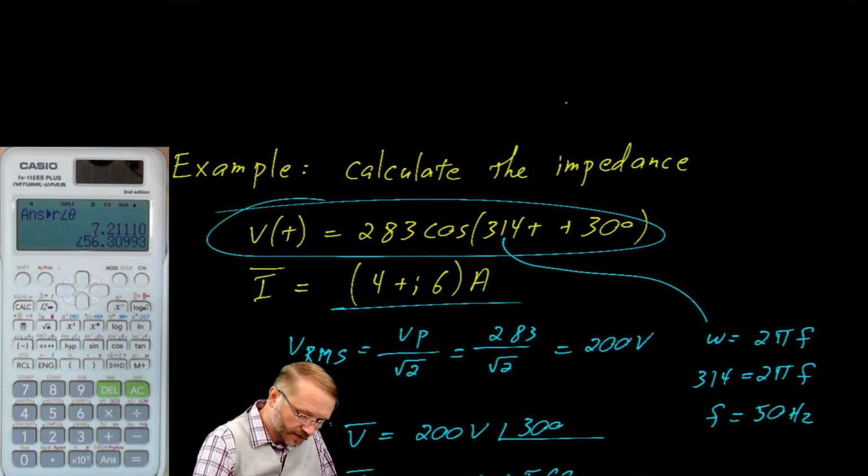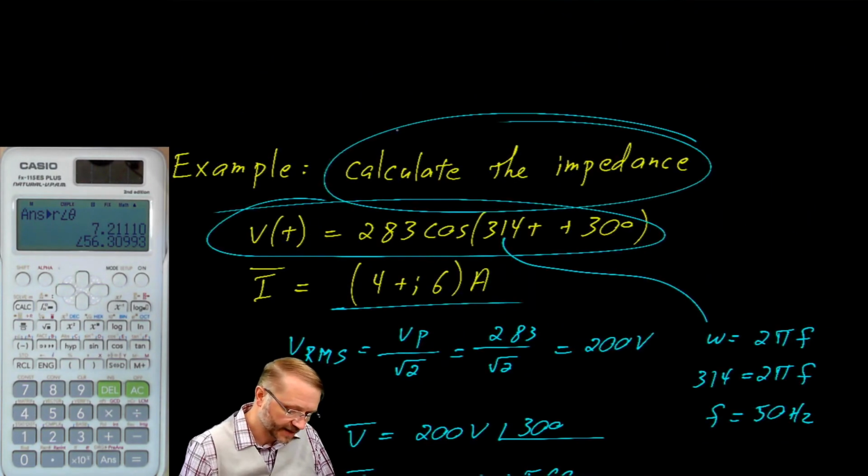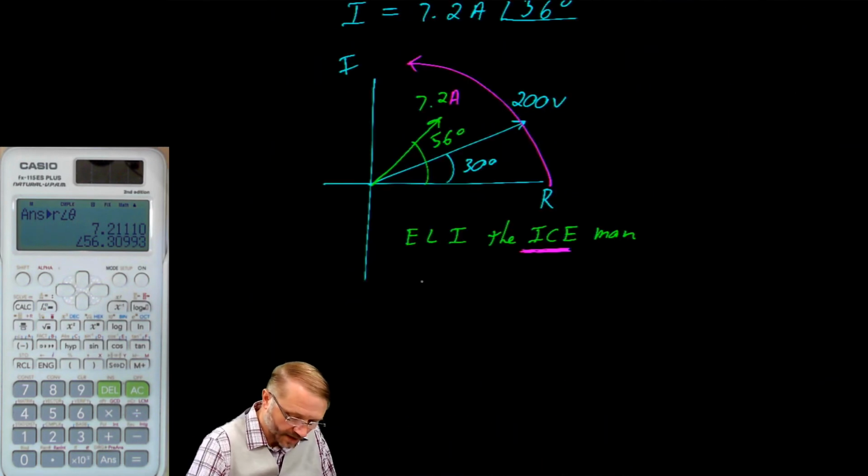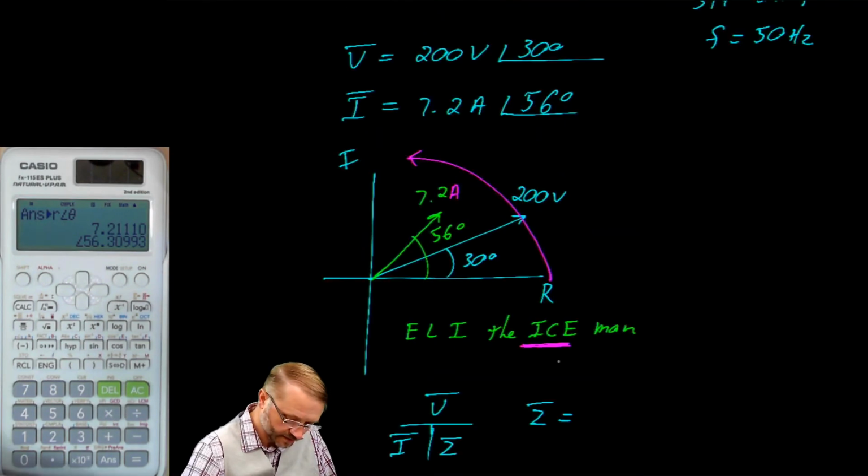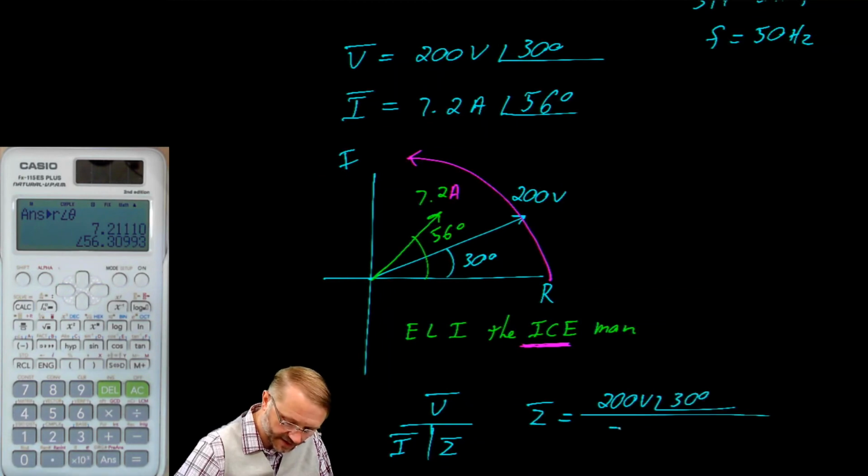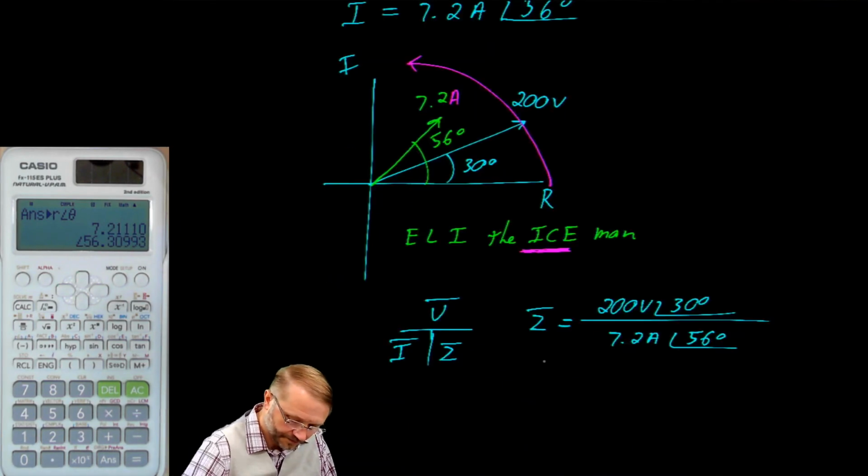Now we can move on to calculate the impedance. This is done using Ohm's law, where the voltage is the current times an impedance. So the impedance is equal to the voltage, in this case 200 at a phase angle of 30 degrees, divided by the current, so 7.2 amps at a phase angle of 56 degrees.